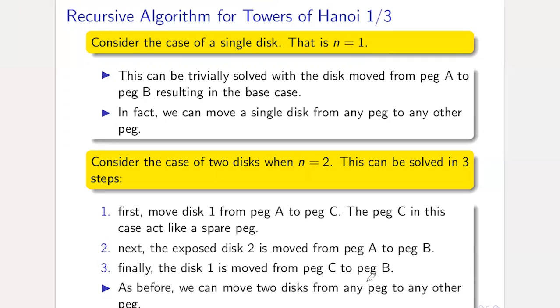But if we had put disk number 1 on peg B, we could have moved the larger disk to peg C and then put the smaller disk on top of that. The only thing is the final goal will now be achieved not on peg B but on peg C.